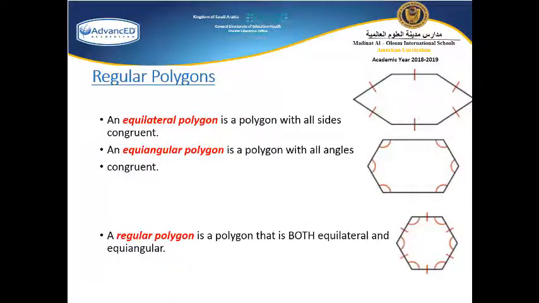But what about the regular polygon? The regular polygon is both equilateral and equiangular. That means in a regular polygon all sides are congruent and all the angles are also congruent. For example, the equilateral triangle: all the sides are congruent and all the angles are also congruent. And the square is also a regular polygon, and so on.